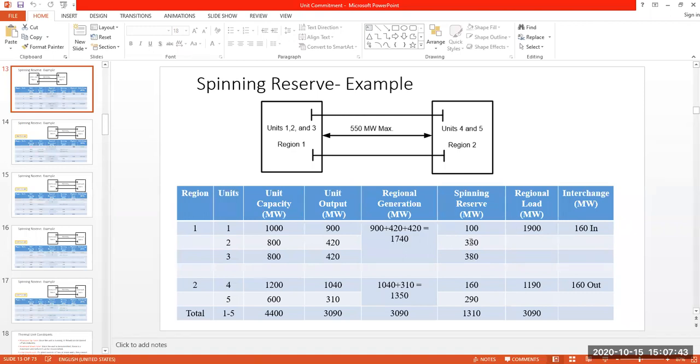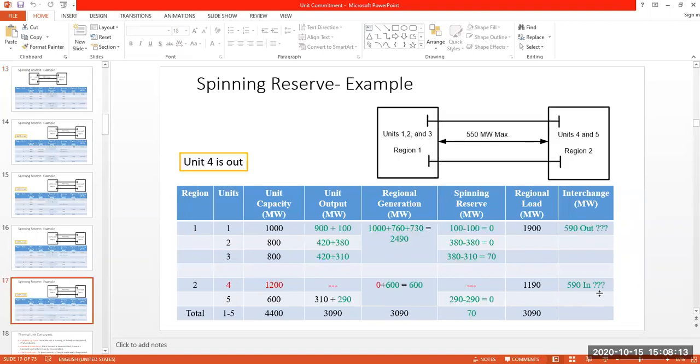So I have to use the reserves in such a way that some part of the reserve will satisfy this, and some part has to go and meet the remaining 590 which is missing here.